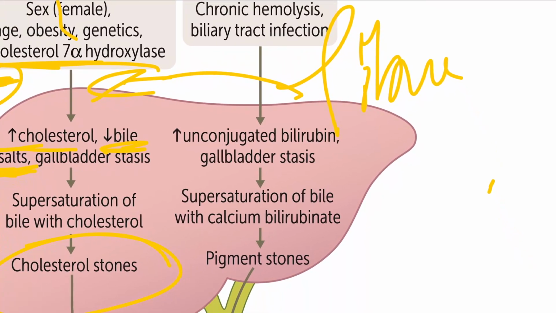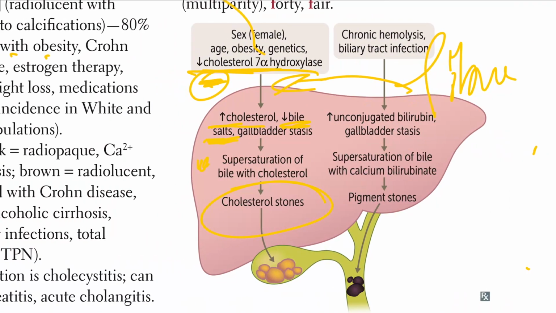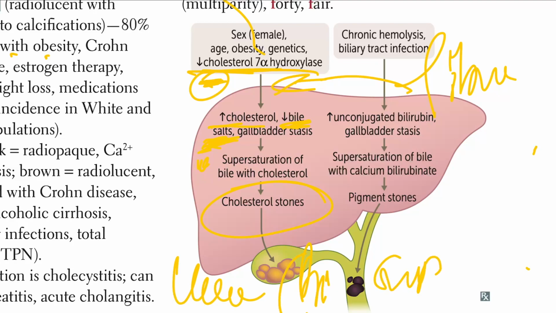On the other hand, ursodeoxycholic acid, which is a bile acid supplement, a bile salt supplement. If you were to give this, it leads to a decreased amount of cholesterol secreted in the bile and an increase in bile acid concentration. So basically, this guy's decreased here.